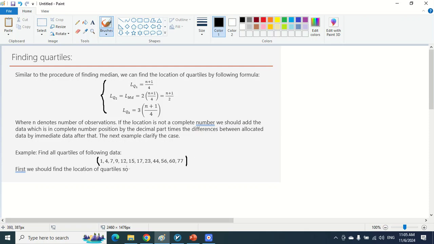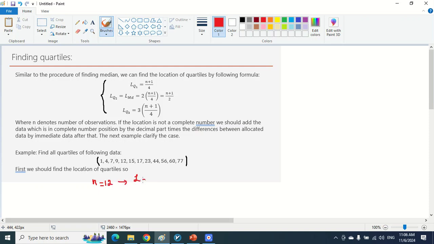Fortunately, the data that we have is sorted already, so there's no need to sort it again. Now let us count the number of elements, the n over here. n is 1 2 3 4 5 6 7 8 9 10 11 12. So n is equal to 12. Let us start by calculating the location of Q1.